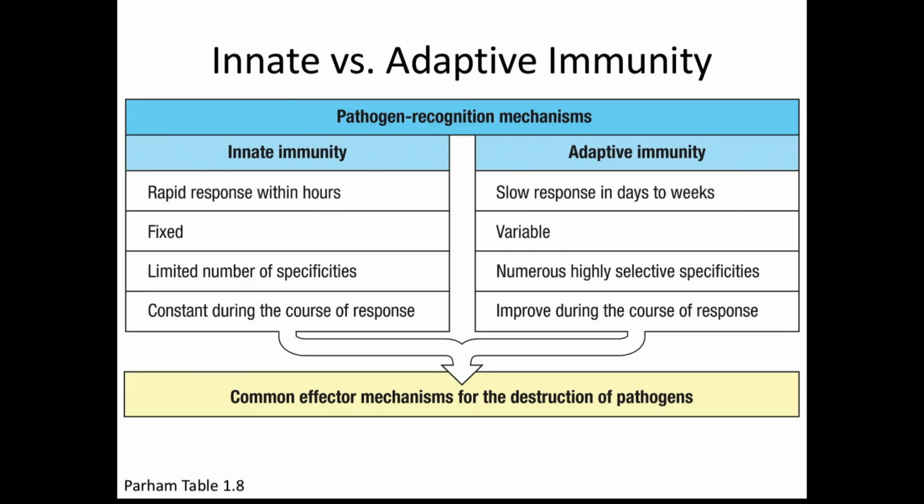Based on what you've seen so far this semester, how would you define something as being part of an innate immune response? Yes, this slide and the next slide have it in immunologist words, but I want to hear it in your words: what things define innate immunity and what things define adaptive immunity.